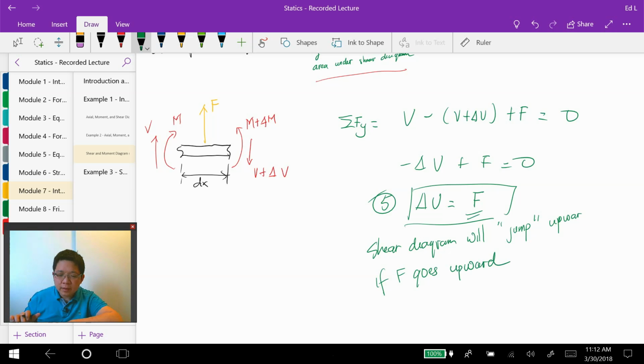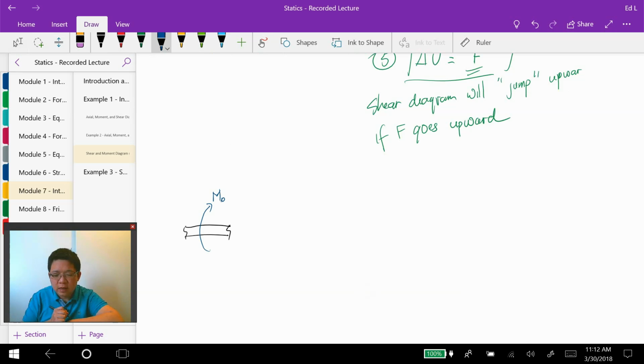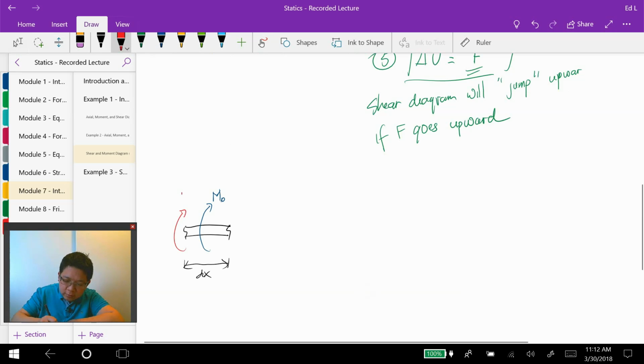And the last rule is that when we have, let's say, a discrete couple applied at a section of the beam, let's call the length of the section dx, and here we have M and V, here we have M plus dM and V plus dV.